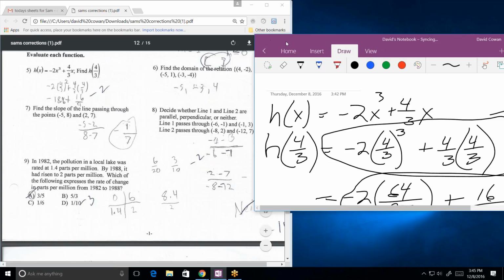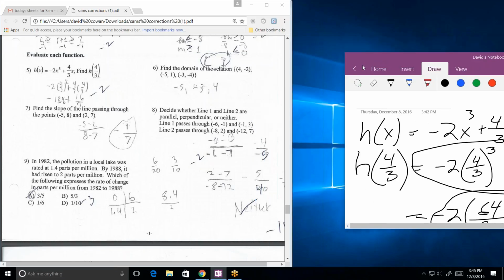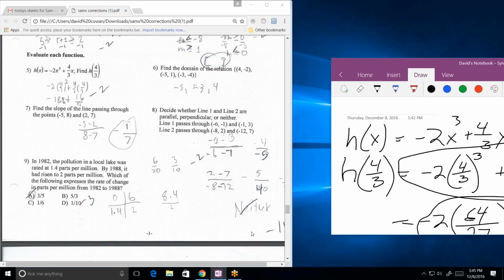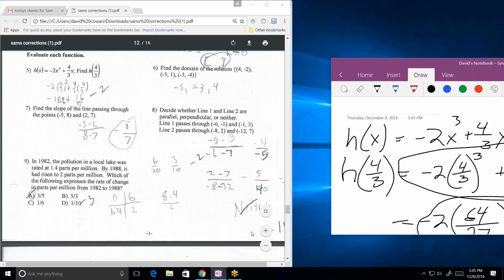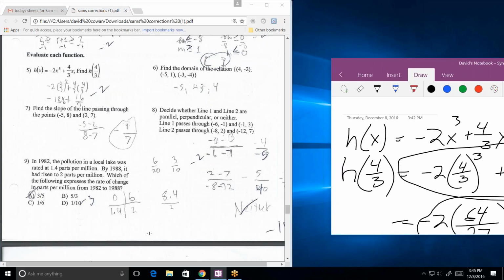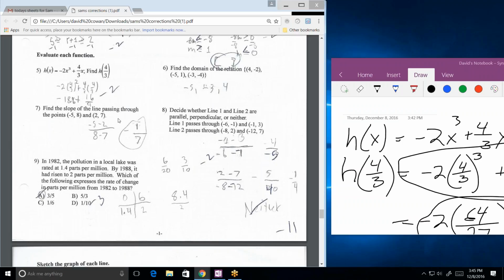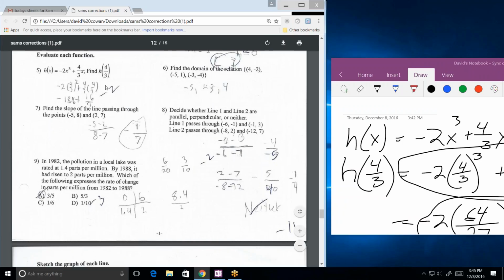All right, let's see. Where's the next one that you got points off? Is it on this page? I don't see anything that I'm looking at that has a minus. In other words, you lost 2 points on 5.